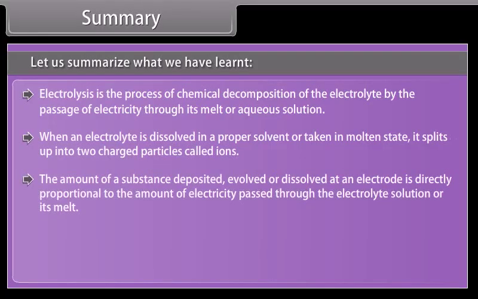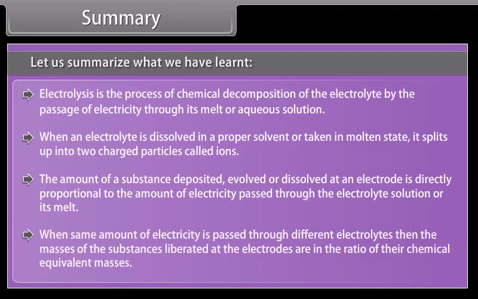The amount of a substance deposited, evolved, or dissolved at an electrode is directly proportional to the amount of electricity passed through the electrolyte solution or its melt. When the same amount of electricity is passed through different electrolytes, then the masses of the substances liberated at the electrodes are in the ratio of their chemical equivalent masses.